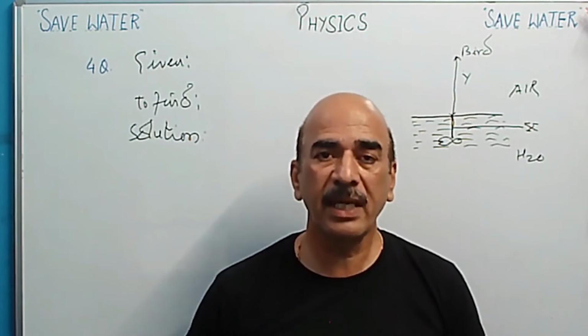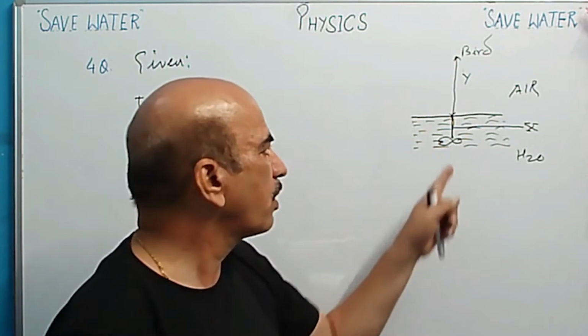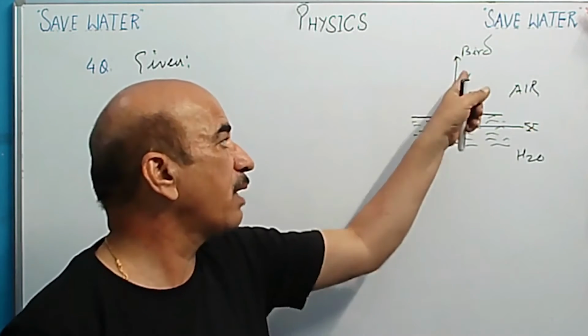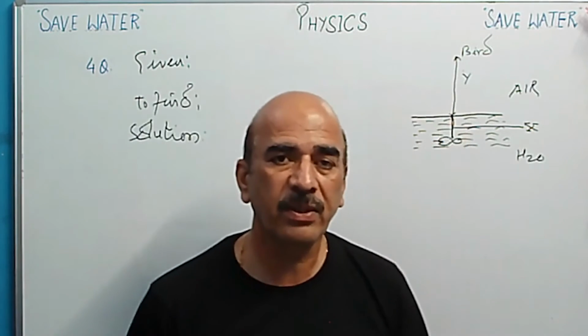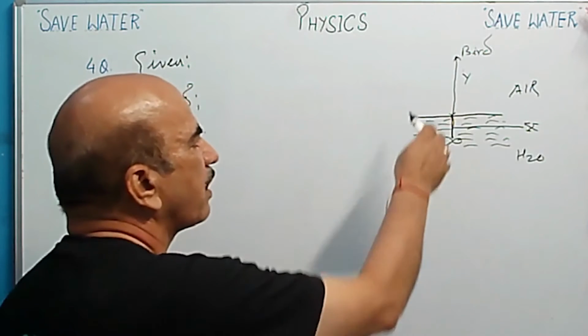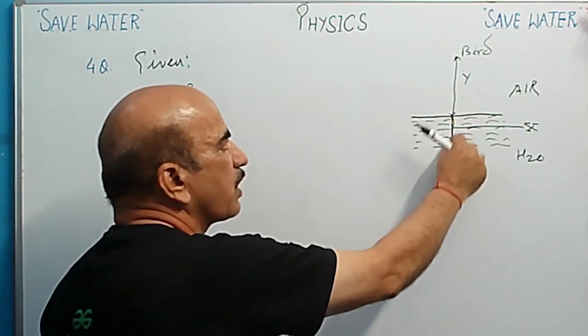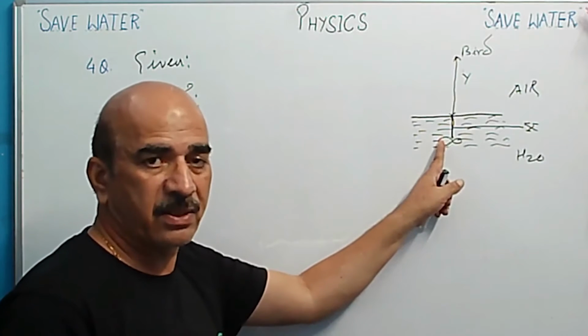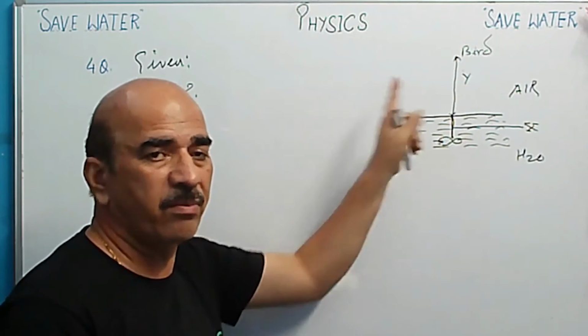So the bird will see the apparent depth of the fish, and this is y. We have to find the distance of the fish from the bird. And which distance will come? Apparent distance of fish from the bird.